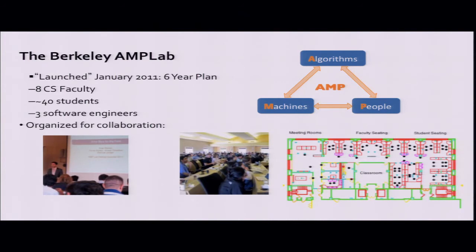We have 2 retreats every year of 3 days. We meet with our sponsors and so forth. This is the floor plan of the AMPLab. The AMPLab is in the building across the street, Soda Hall. And the main point we want to make here is that the faculty sit here. This is an open floor. We don't have offices. So we sit together with everyone.